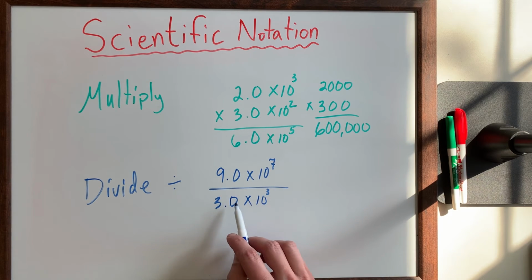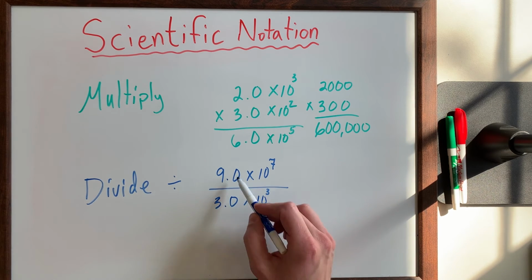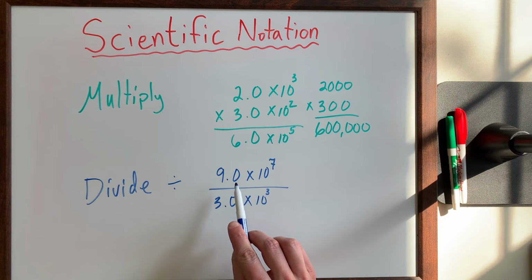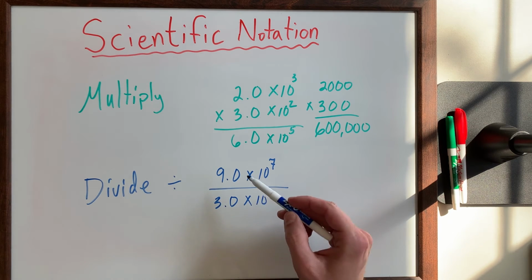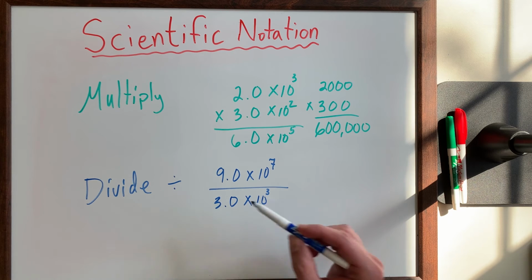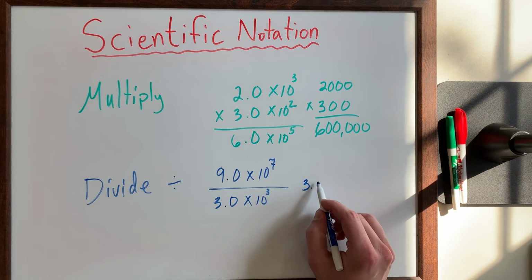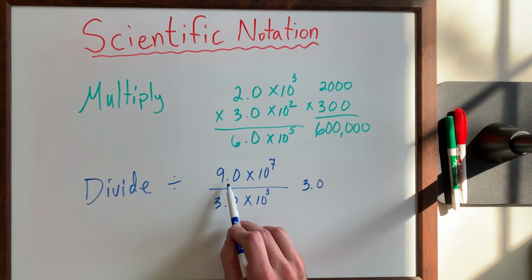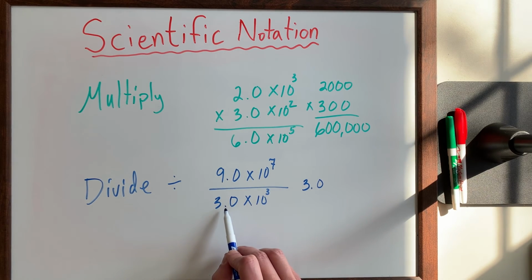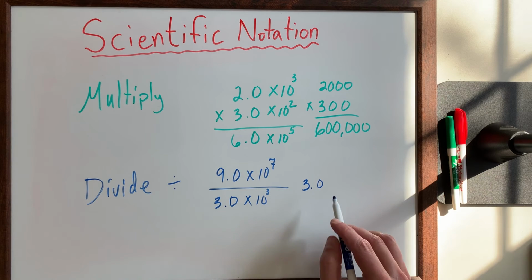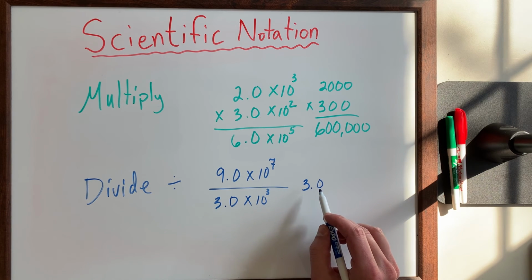I picked easy numbers here just so that you can see, but it would work even with more difficult numbers. Let's take and divide the coefficients. 9 divided by 3, well, let's write the answer over here. That's going to be 3. 9.0 divided by 3.0, okay? Divide the coefficients, and you get 3.